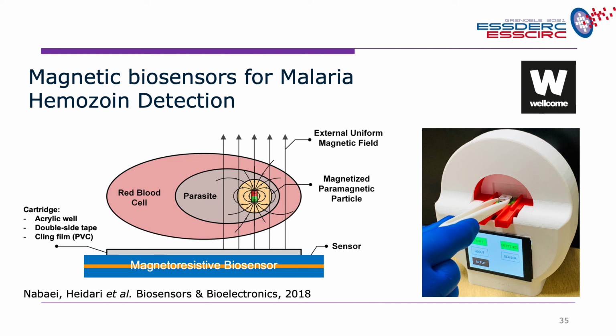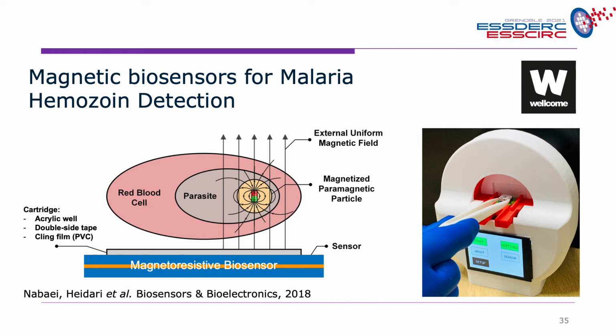The last example of using magnetic sensors for medical applications: here we have used magnetic sensors for detection of malaria hemozoin. We have worked on this since last year, and with colleagues from Uganda we noticed that inside the red blood cells, in the case of infected red blood cells with parasites, we will have small paramagnetic particles.